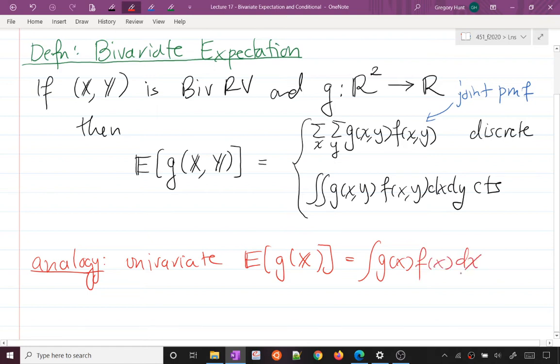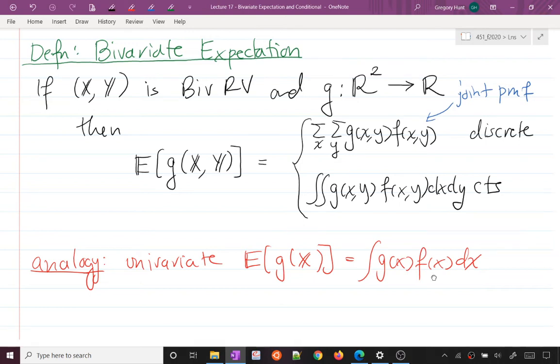But now, in the bivariate case, we have a joint PMF or PDF, so we have an f of x comma y, and similarly, instead of our function g being just a real valued function, it's going to be a function from R2 to R. But notice everything in here, g is just going to be some number, f is another number, and so we know how to multiply those and either integrate or sum them up.